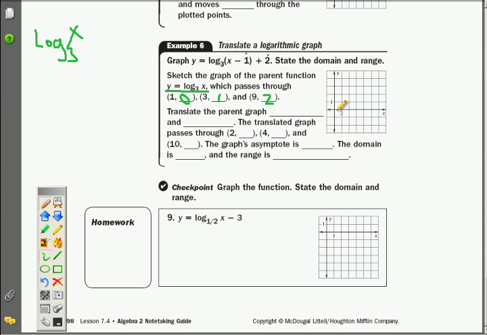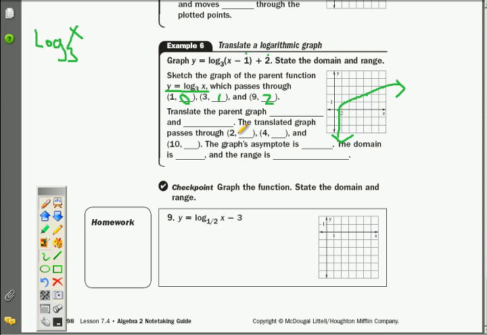1, 0 is right here. 3, 1 is right here. And 9, 2 is right here. And so when I graph that first one, it'll look like that. Now I'm going to translate every single one of those points to the right one and up 2.